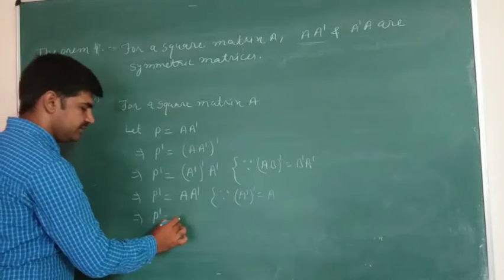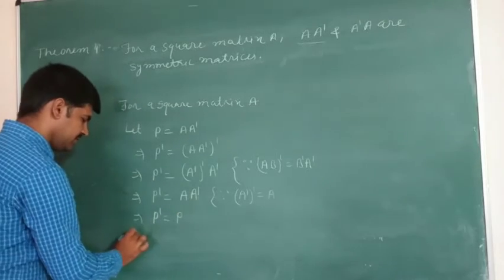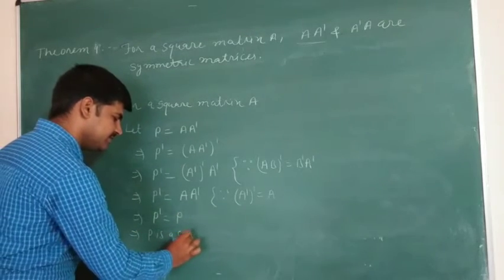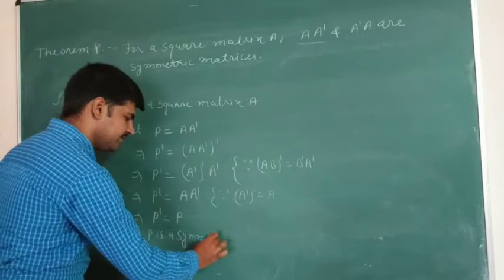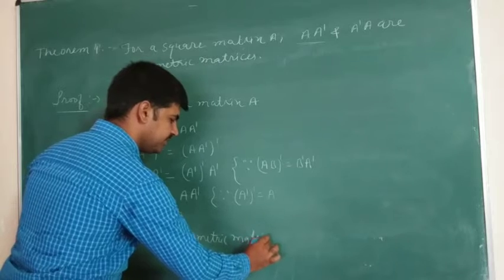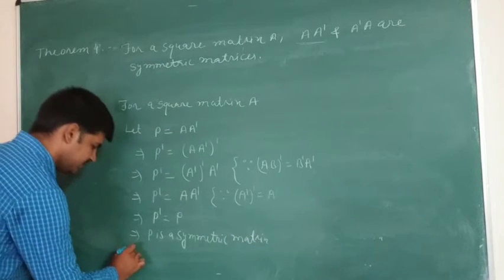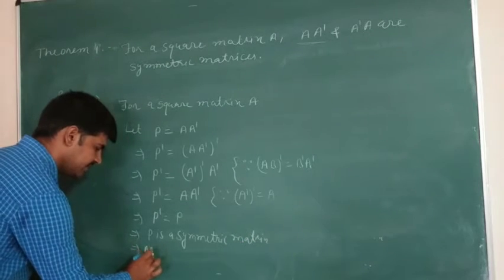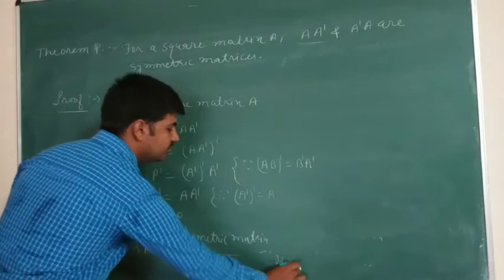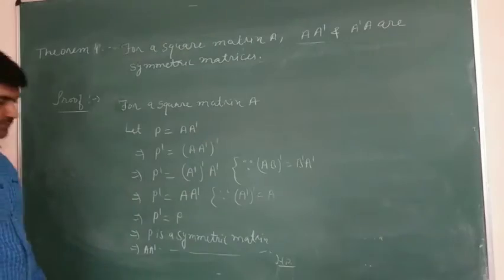This is P only. So P dash is equal to P, implies that P is a symmetric matrix. And when P is a symmetric matrix, students, we can say that A times A dash is a symmetric matrix, and that is what we have to prove. I hope you have understood it.